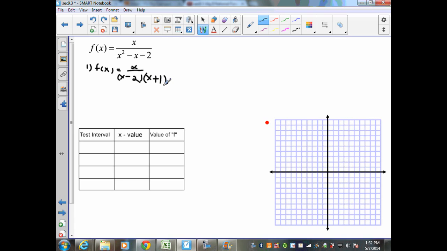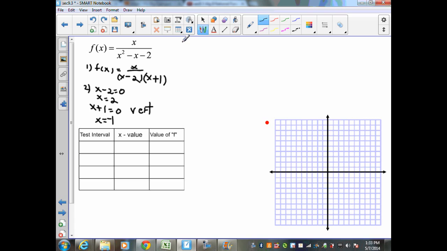Now what I need to do is find my vertical asymptote. To do that, I'm going to set each quantity in my denominator equal to 0. So x minus 2 equals 0, and I get x equal to 2. And x plus 1 equals 0, and x equals -1. Those are going to be my vertical asymptotes.